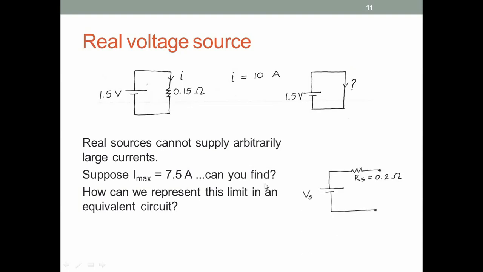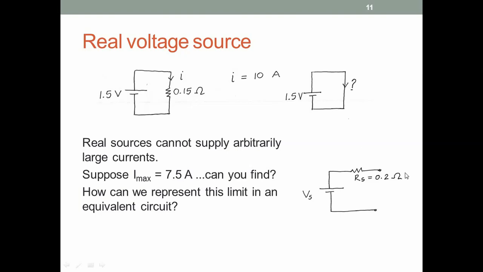What we do is we put a resistor in series with the voltage source to represent the fact that it is not ideal. So that now when we short circuit this, the current will not be infinite, it will be Vs divided by this value. If the voltage is 1.5 volts, 1.5 by 0.2 is 7.5 amperes, so the maximum current is 7.5 amperes.